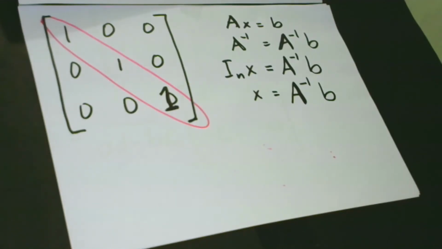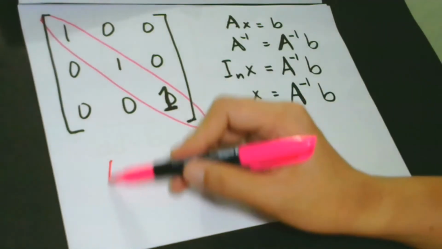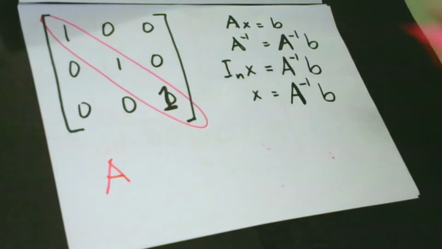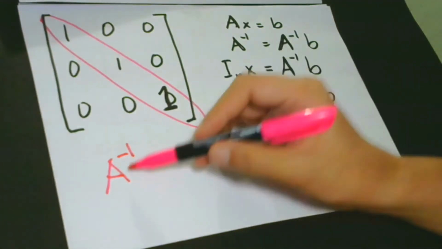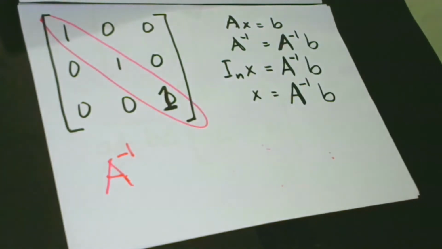So how is an inverse denoted? The matrix inverse of A is denoted as A^-1. It's like an exponent, but it's not actually an exponent. It is a superscript.